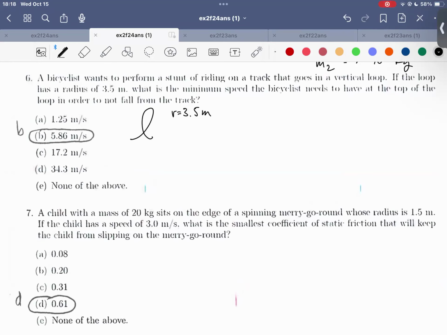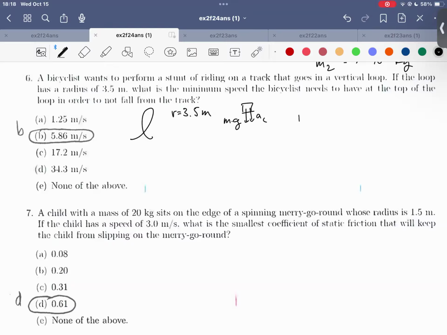And so at the top, this is the same as the bucket one. I think actually we covered this in recitation. But at the top, we have mass times gravity, and what's keeping it in the circle is centripetal acceleration, and this will be provided only by gravitational force.